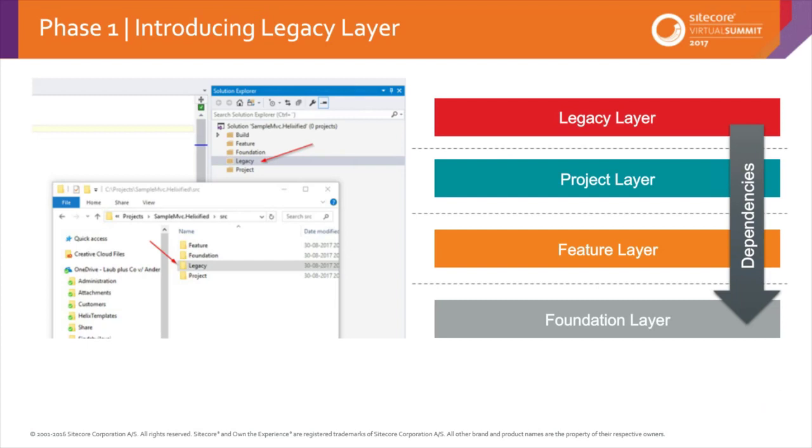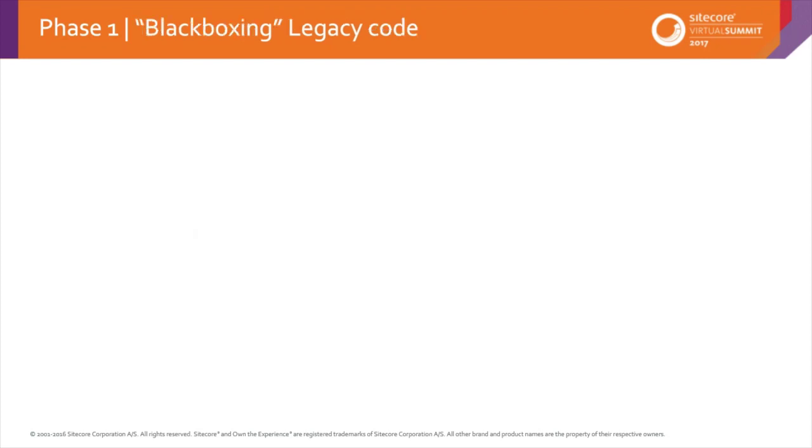This means that the legacy layer can depend on any of your Helix modules, but none of your Helix modules should ever depend on anything in the legacy layer. This is why I call it blackboxing. You're blackboxing dependencies, so blackboxing the legacy code.